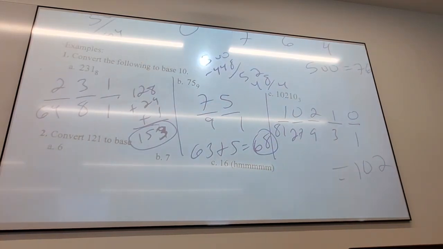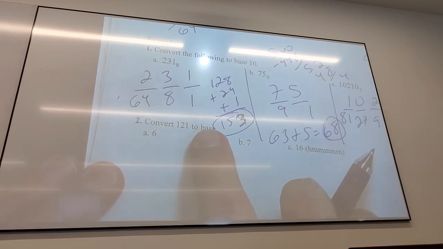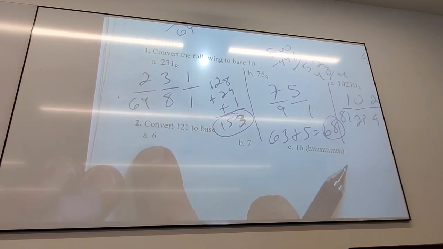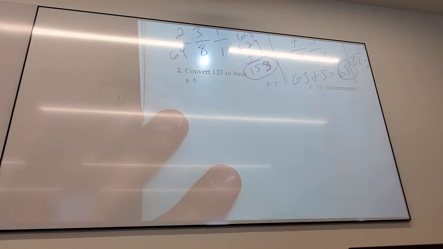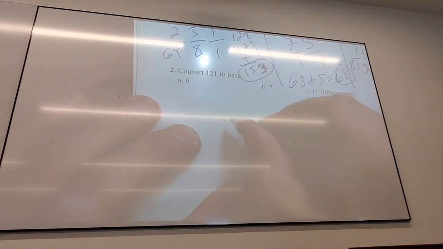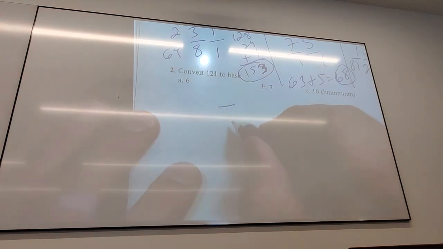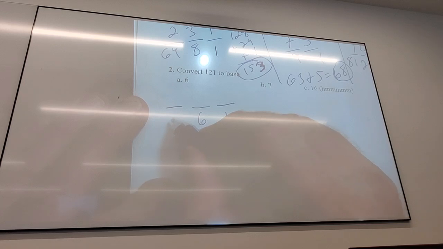The reason going from our system to another is harder is because the places are empty. I want to go to base 6. Can somebody start telling me what places it has? 1s, 6s, 36.